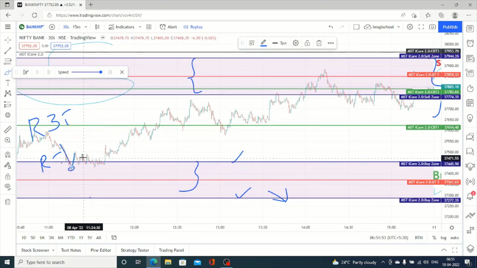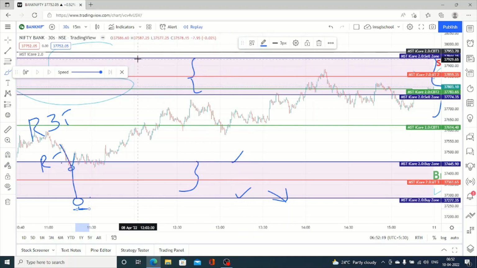Unless it is closed below this line and the low of that candle is broken, you don't have to go for the sell entry. I repeat, unless the market is closed below this sell buy zone and the low of this candle is broken, you don't have to go for the sell entry.